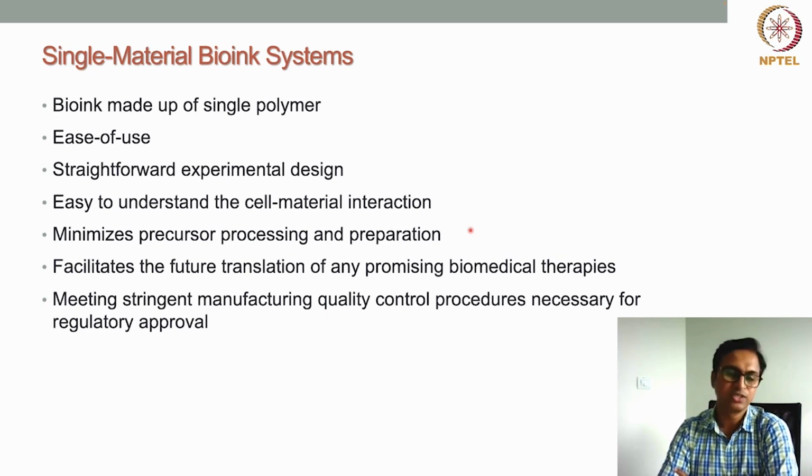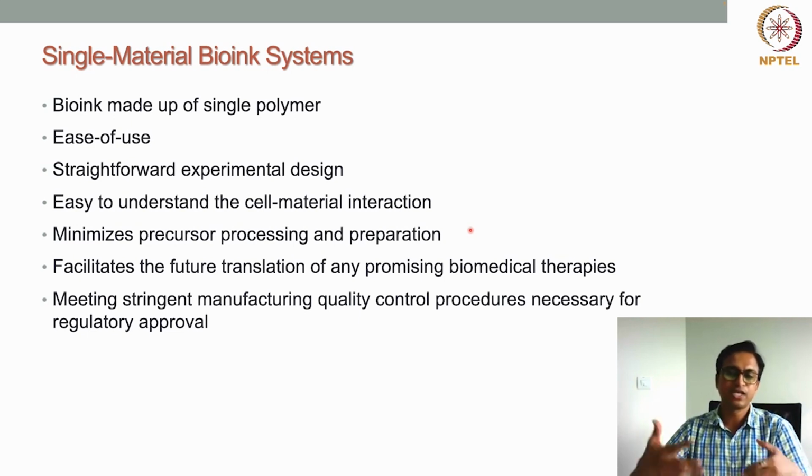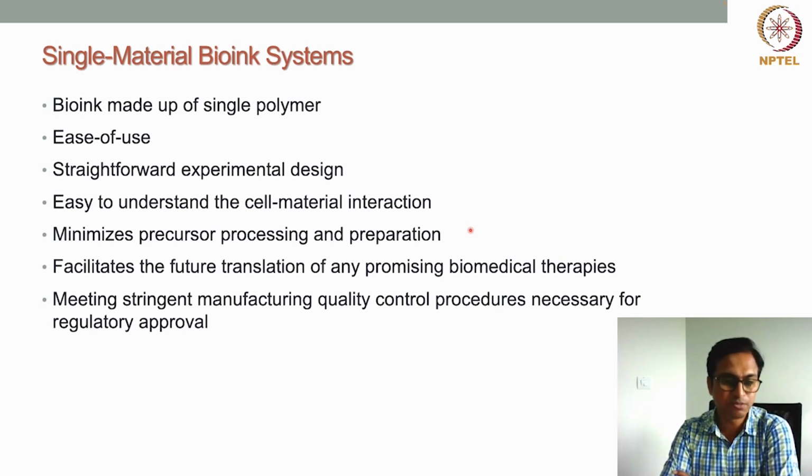That stringent requirement can be easily met if it is a single material bioink system, because it is very easy to take care of a single material compared to multi-material. If there are multiple materials, then there are various combinations possible, and each of these combinations has its own properties and challenges.